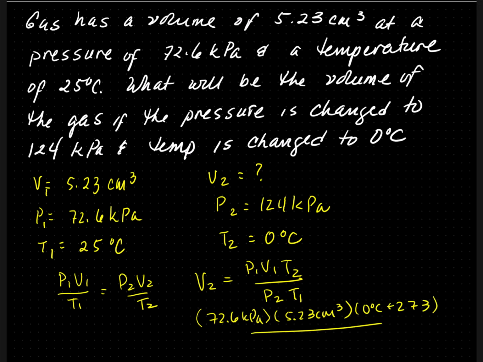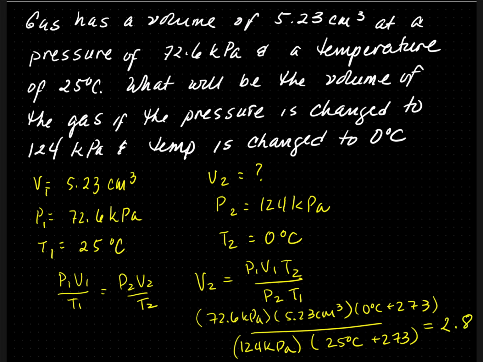Divided by P2, which is 124 kilopascals, times temperature 1, which is 25 degrees Celsius. We need to add 273 to convert it into kelvins. Do the work in the parentheses first, multiply the top, multiply the bottom, and then divide to get approximately 2.8.